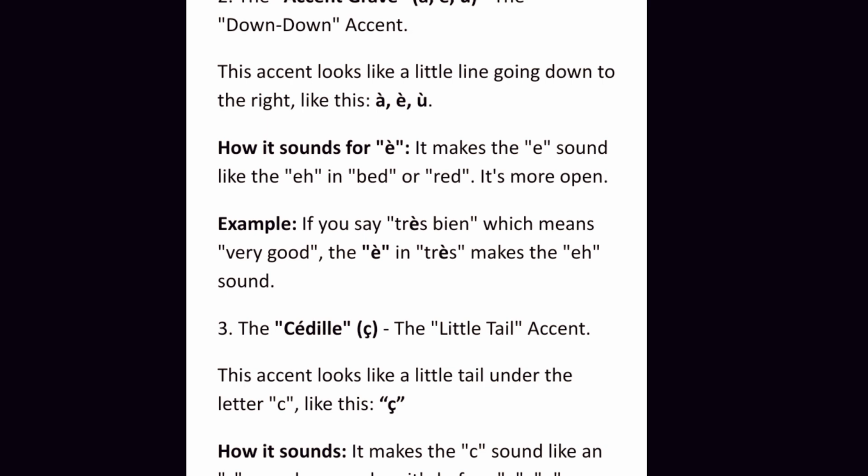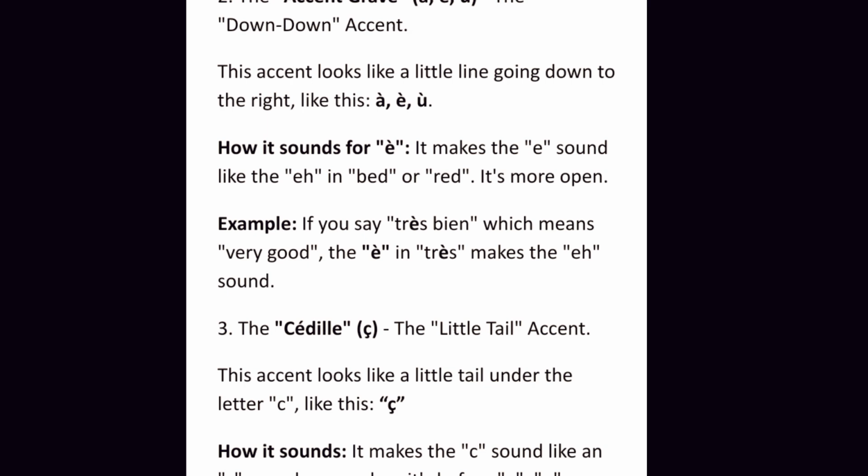When it comes to the accent grave, we have it on the A, on the E, and then on the U as well. This accent looks like a little line going down to the right, like the way you could see on the screen. And how does it sound?